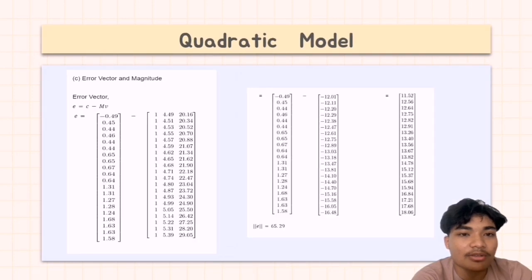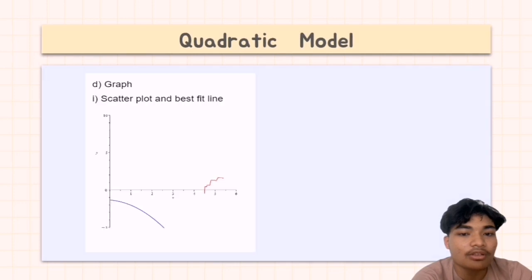From our least square solution, we can obtain its best fit quadratic curve, which is y equals negative 1.35 minus 0.22x minus 0.48x squared. From the error, we can also find the error magnitude, which is 65.29.